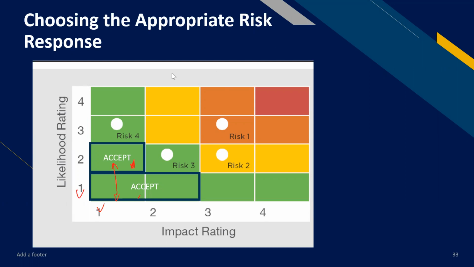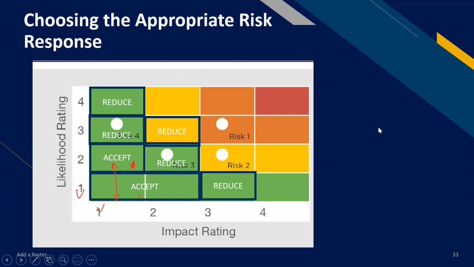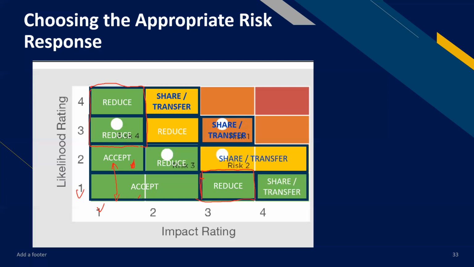The next set of risk responses, no, refers to reduce, an attempt to reduce the risk. Okay, and usually it is appropriate for items that are high probability, okay, but low impact, okay, or high impact but low probability, okay.